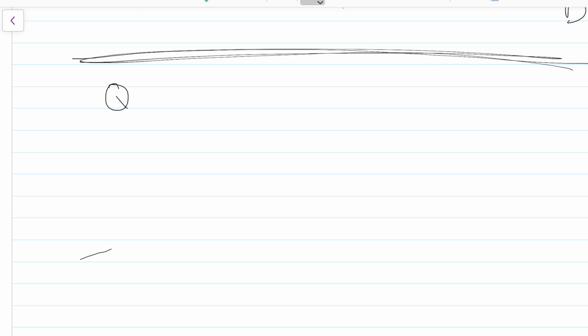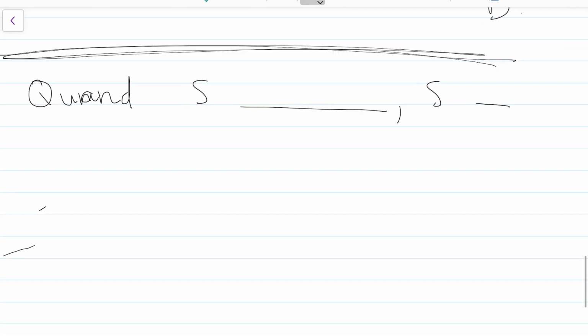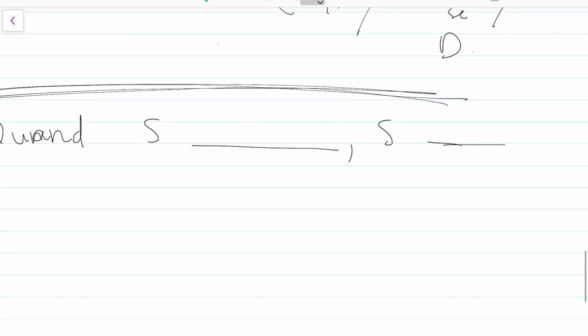Okay, so the futur simple is used with certain words. Quand, which means when. You'll get a subject and a verb here and then a comma and another subject and another verb. They do not have to be the same subject, but they can be. When this will happen, this other thing will happen.